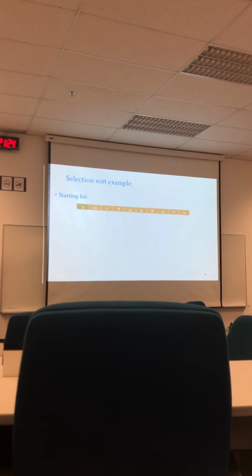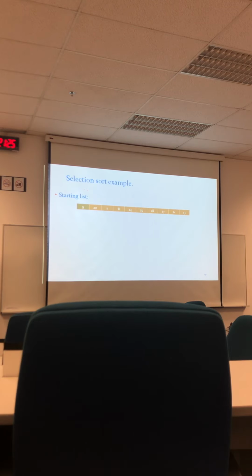That means we find the smallest in this part and bring it to the first position of the unsorted part. Bring it to here. So now, which one is the smallest? 6 is the smallest.